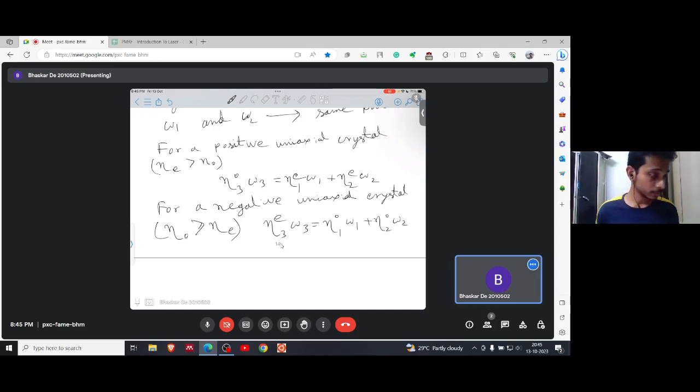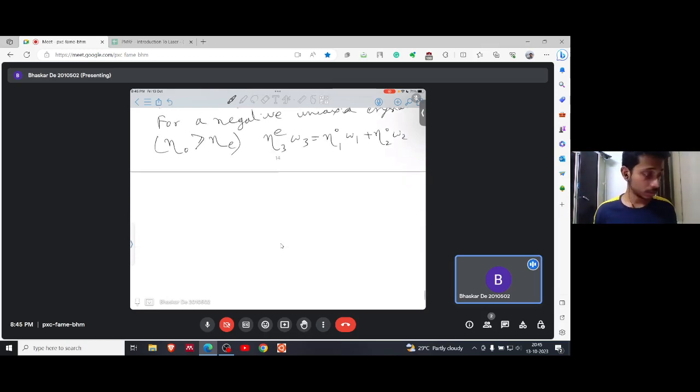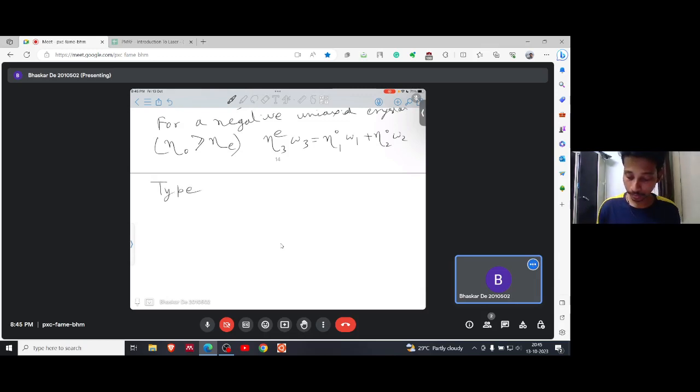Now type 2 phase matching occurs when the polarizations of omega 1 and omega 2 are orthogonal to each other, as might be the case for sum and difference frequency generation.